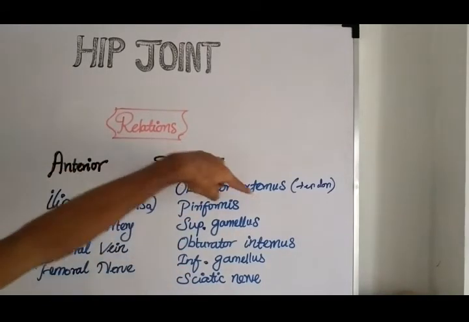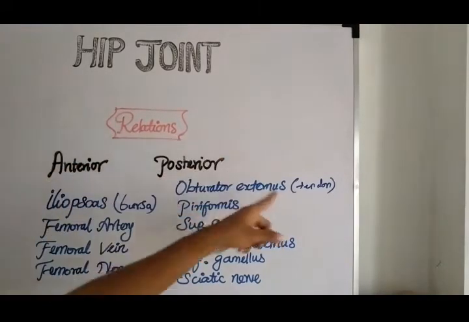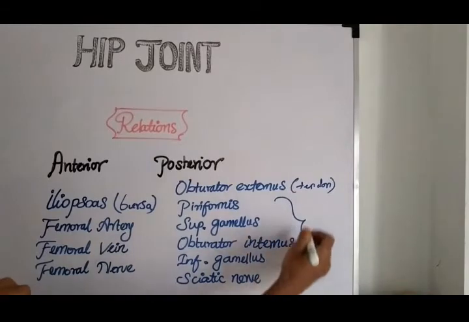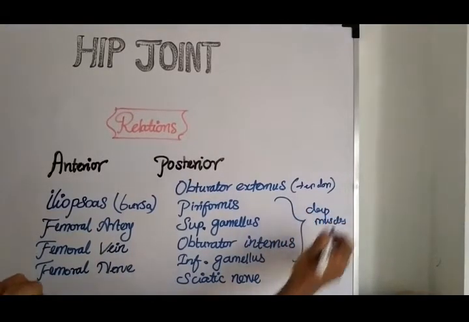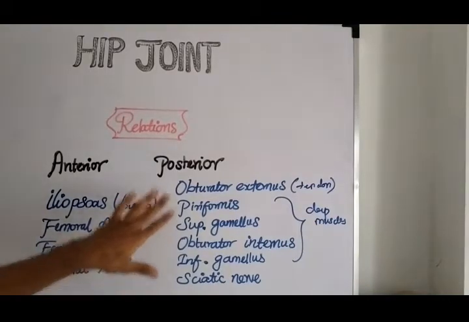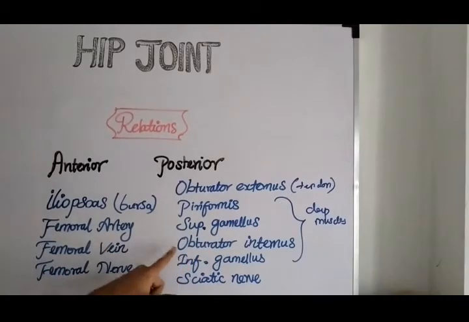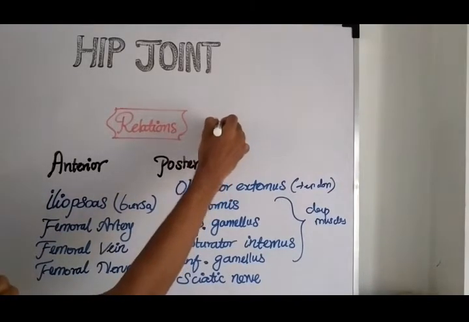So here in the posterior relation, the tendon of obturator externus muscle, and here we have the deep group muscles of the gluteal region, which will be present behind the hip joint, which are the piriformis and obturator internus with superior and inferior gemellus muscles.